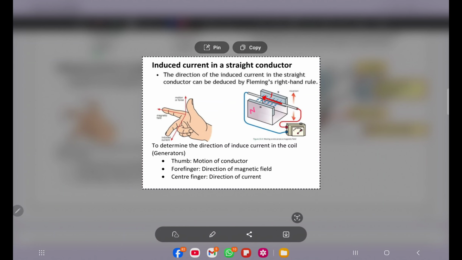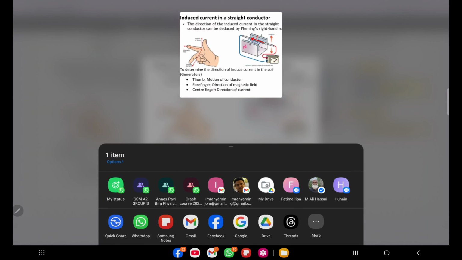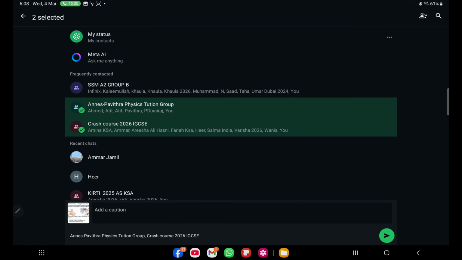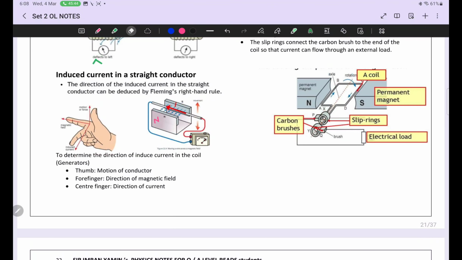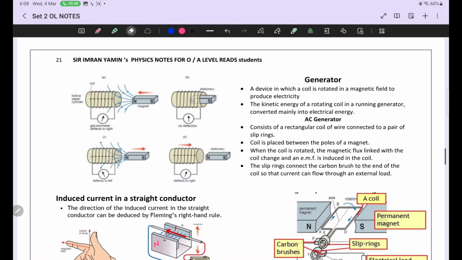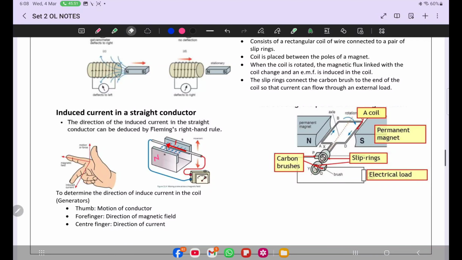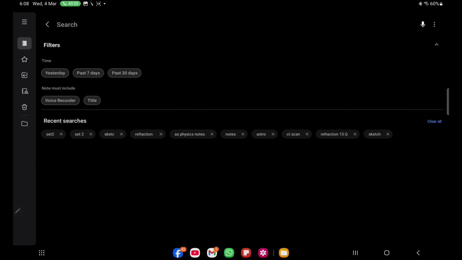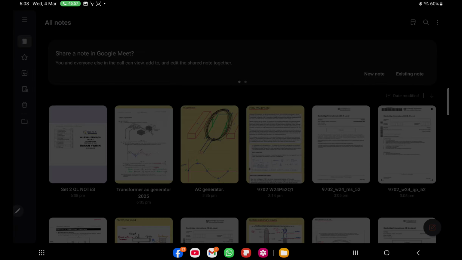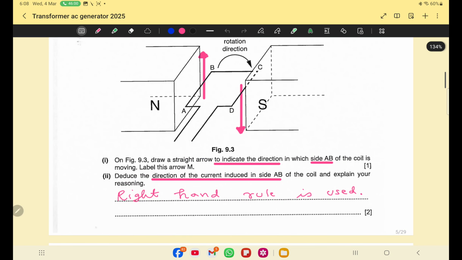I have explained the right hand rule, and I am sharing this screenshot with you so that you can memorize it. With this right hand rule, we have determined the direction of current. Now we are shifting back to our page.